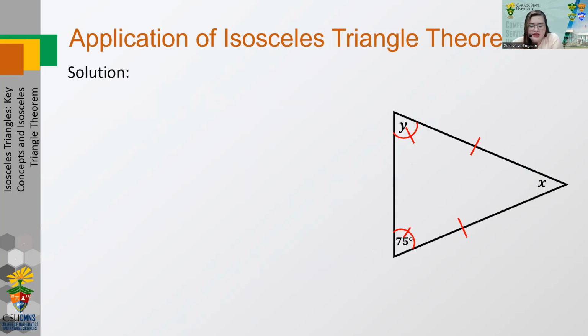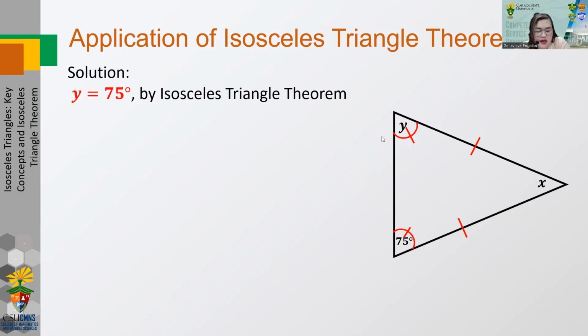So since these are the base angles, so ang base angles kay congruent man, no? So kung nakay duha ka congruent sides, ang mga angles nga opposite nila are also congruent. Mao man atong gi-prove ganina. So pasabot kung 75 ni, so si y pod is 75. So by isosceles triangle theorem.